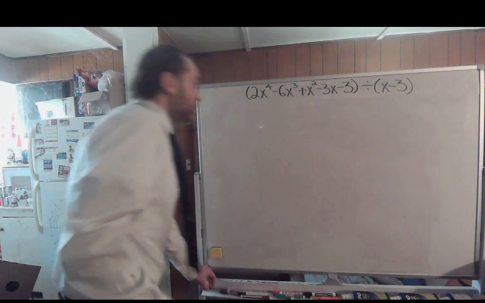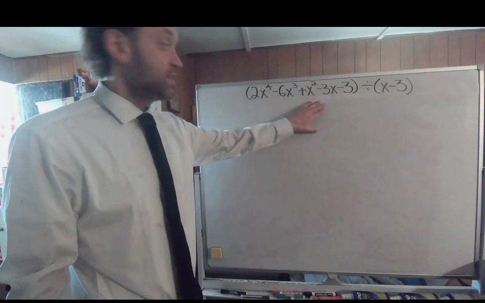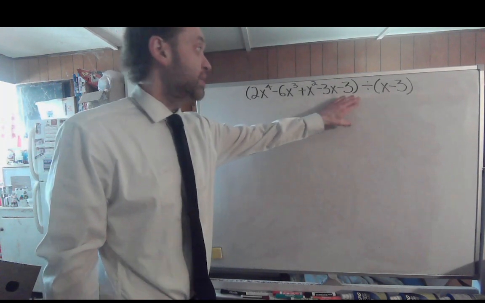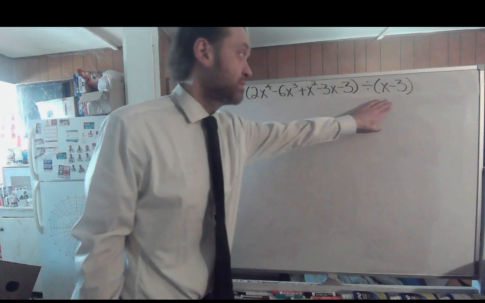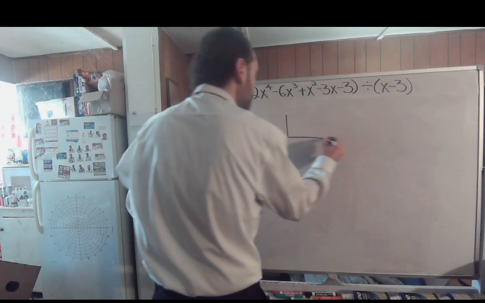So we have the polynomial 2x to the fourth minus 6x to the third plus x squared minus 3x minus 3, all that divided by x minus 3.